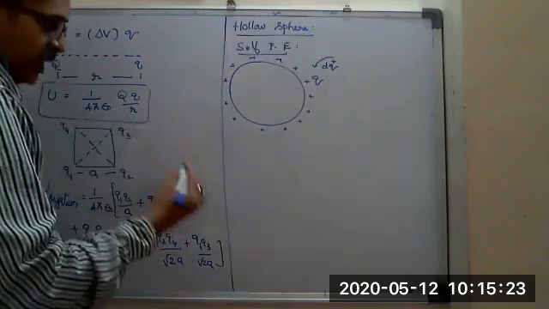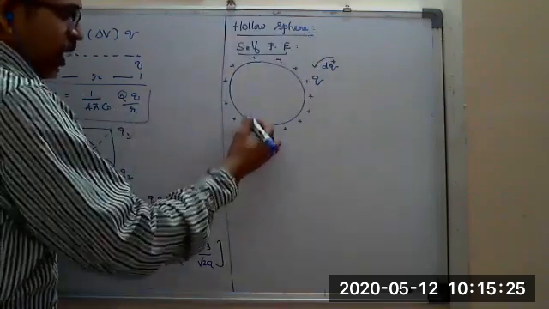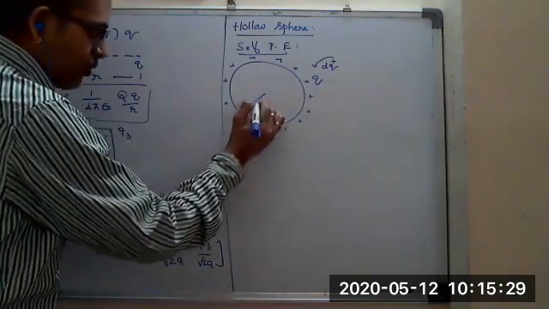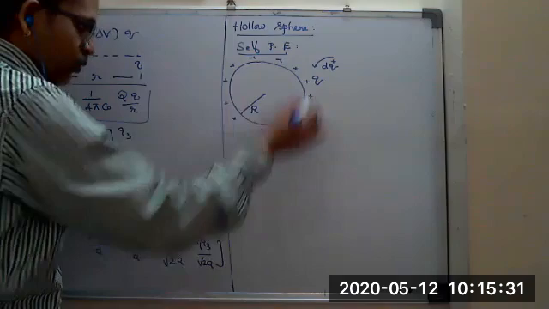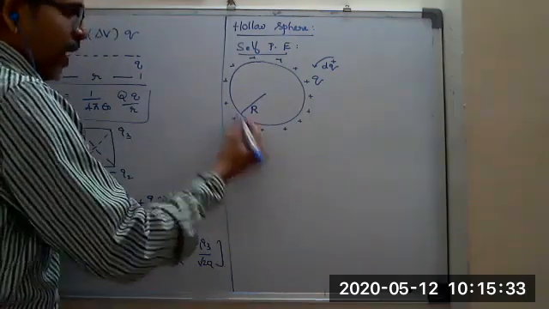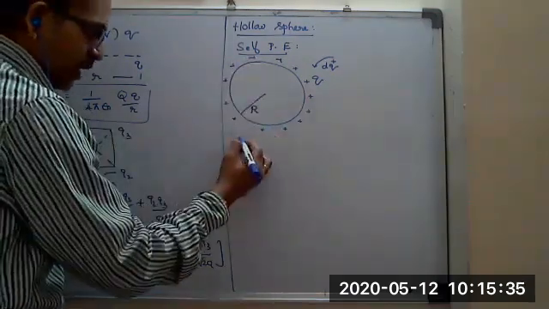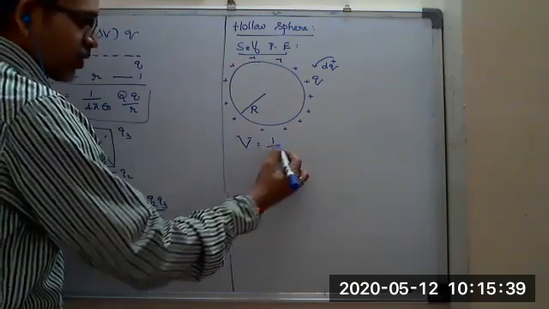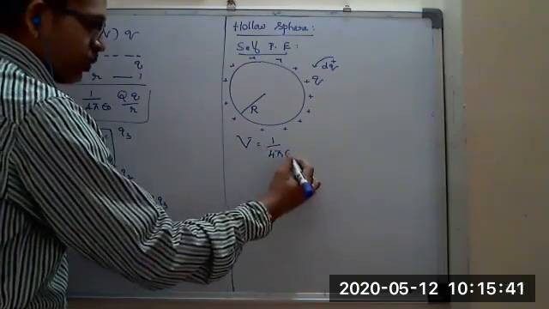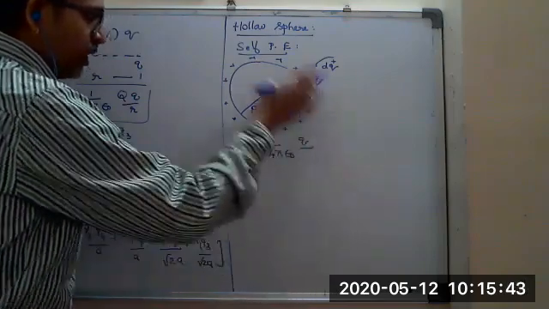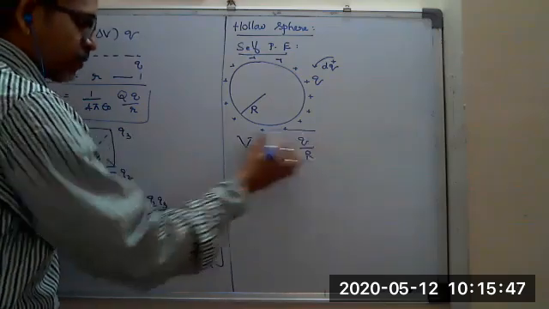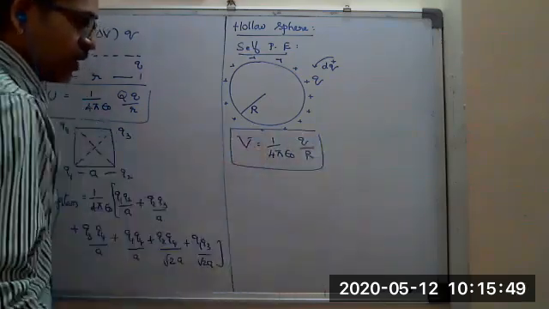So here, already some charge is there over the surface of radius r of this sphere. By the charge, it has some potential on its surface. V is equal to, as we know, 1 by 4 pi epsilon naught q by r, the radius being r. It is the potential over the surface of a sphere.